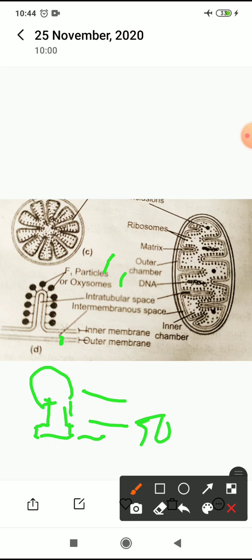Cell respiration is the function of mitochondria. Mitochondria are respiratory centers of the cell.